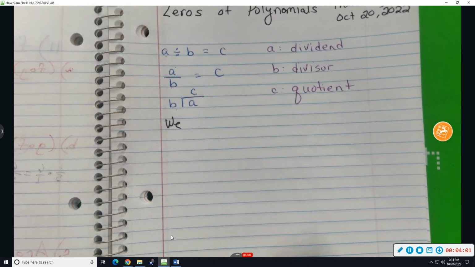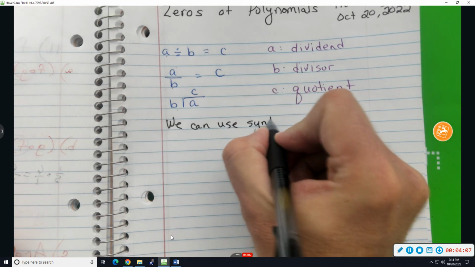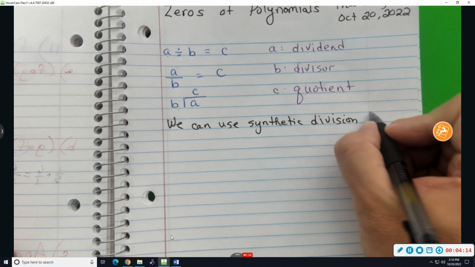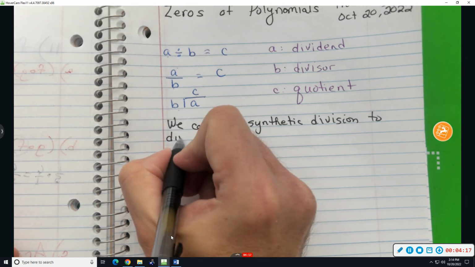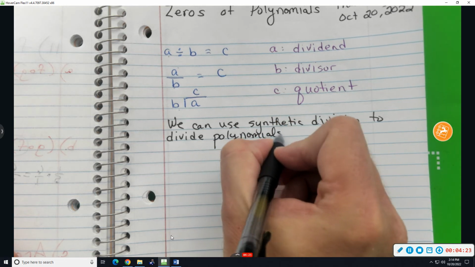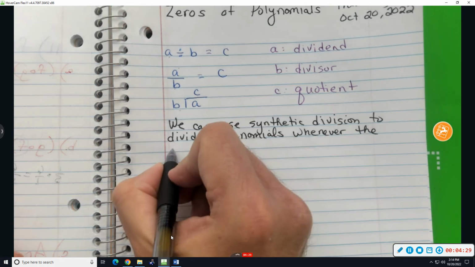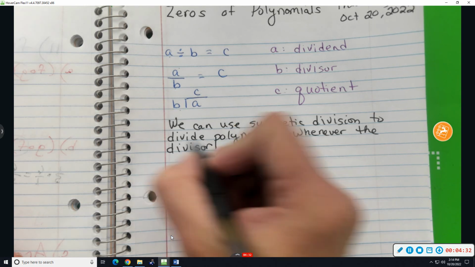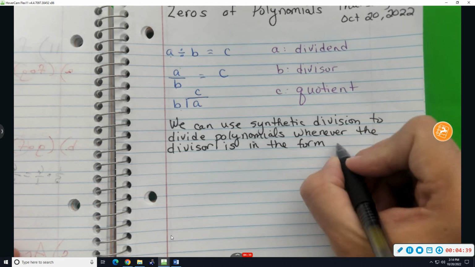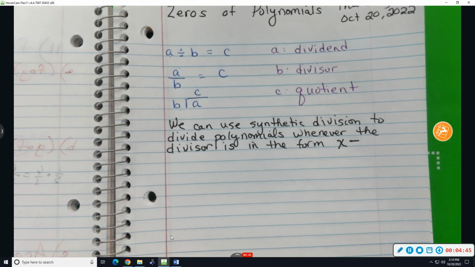We can use synthetic division to divide polynomials whenever the divisor is in the form x minus some number k. K is just a number.